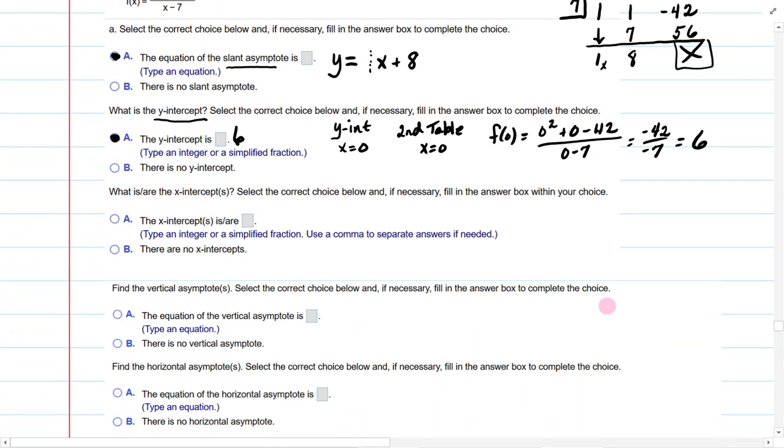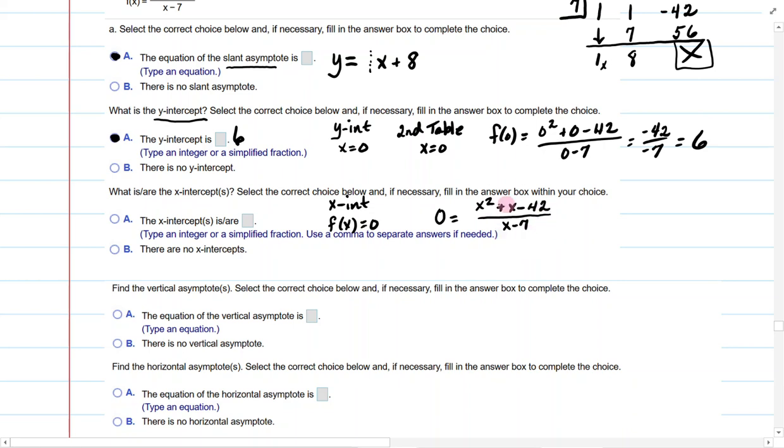X-intercepts. For the x-intercept, you let f of x equal 0. So 0 is equal to x squared plus x minus 42 all over x minus 7.